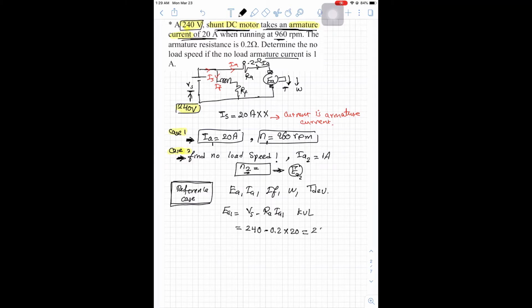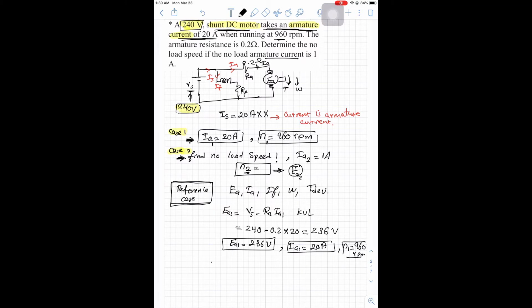This will give us 236 volt. So now we know that EA1 equals 236 volt, and we have IA1 as 20 amp and speed 1 as 960 RPM. These are the data given.